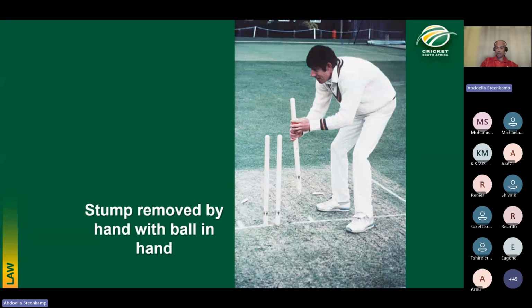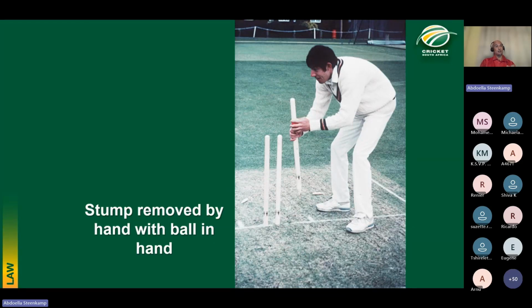Now, don't get confused with Law 8, where we covered when the umpires decided to dispense with the bails due to high winds. In that scenario, the umpires made a decision, because of high winds, to take off the bails and put them in their pockets.